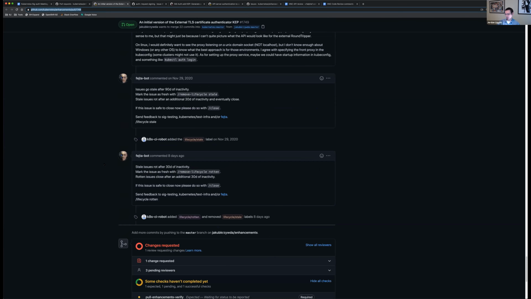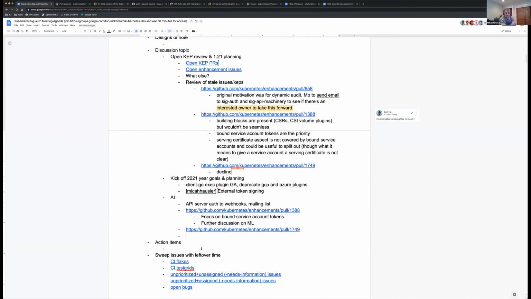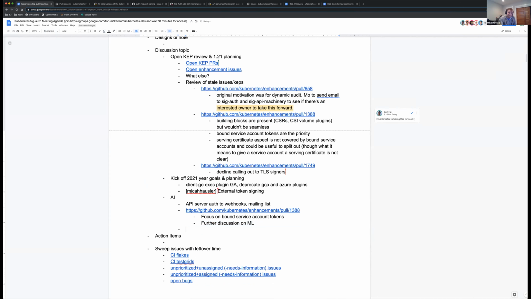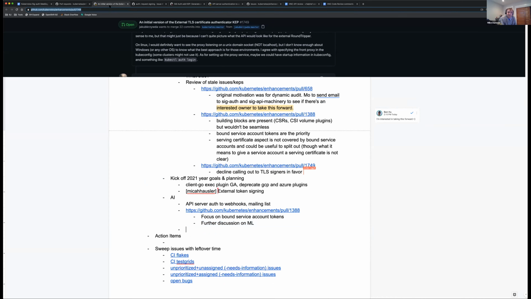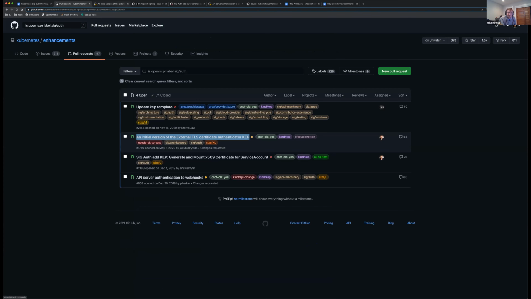Yeah. If there's going to be a KEP imminently and somebody is actively exploring this and has some ways to make the external request signer work, we could also wait a month to close it, because it's been open for a really long time, and then point to this new thing.